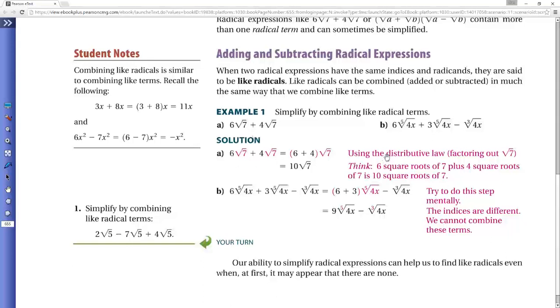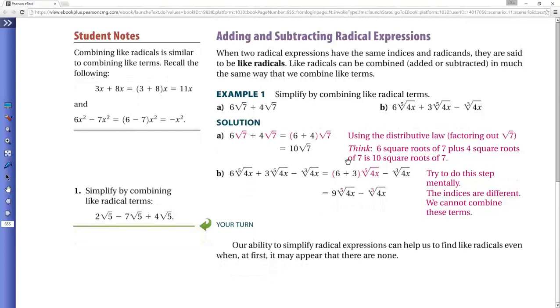Well, we can use laws to override order of operations, in this case the distributive law, and there's a common factor of the square root of 7 in both of these added parts. We factor out the square root of 7 and end up with 6 plus 4 times the square root of 7, which simplifies to 10 square roots of 7. Very similar to adding like terms, right?